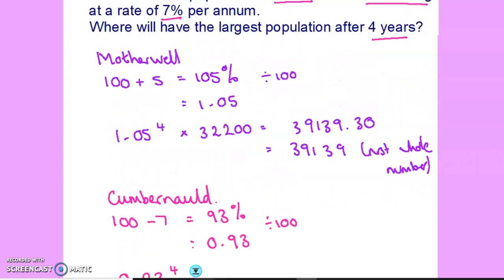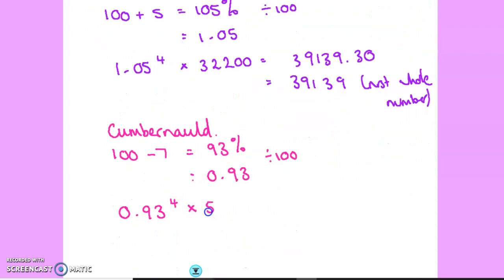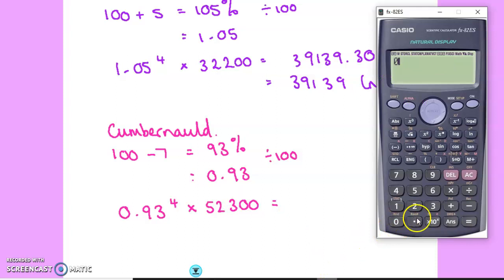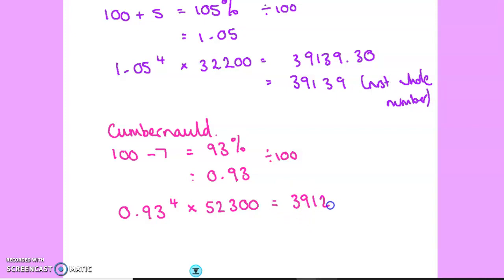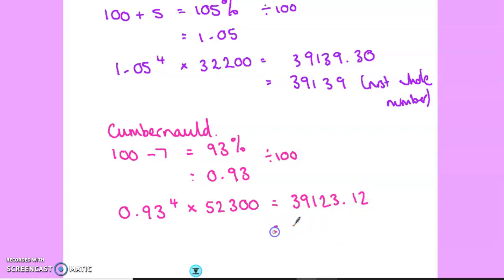The population of Cumbernauld is 52,300. So 0.93 to the power of 4 times 52,300, and that's 39,123.12. So to the nearest whole number, 39,123.